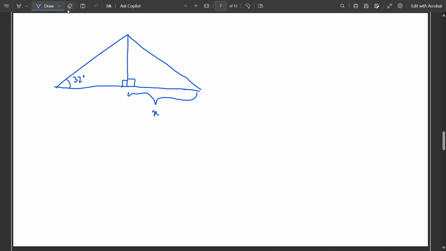Well, never mind. Sorry. It's supposed to be, we find the total length here. We know this point here, let's call it A, B, and A to B is 2 centimeters.